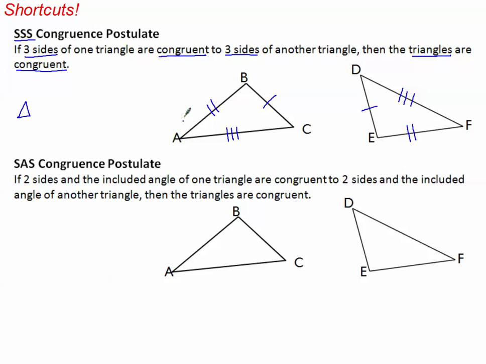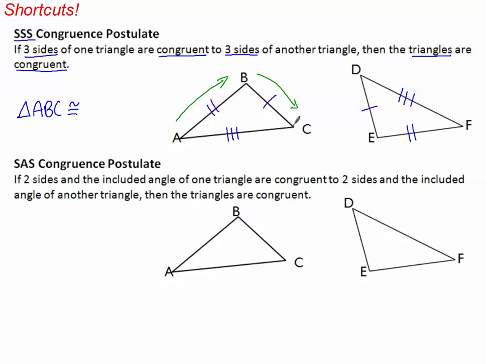Make sure we match up the corresponding parts that are marked when we attempt to write this statement. Now, how do I want to write this first triangle? Maybe I go alphabetically. Triangle ABC is congruent to, but when I do the second triangle, I have to make sure I match corresponding parts. So if I went A, B, C, from A to B to C, I went here, and then I went here. I went over the double slash side, then over the single slash side.